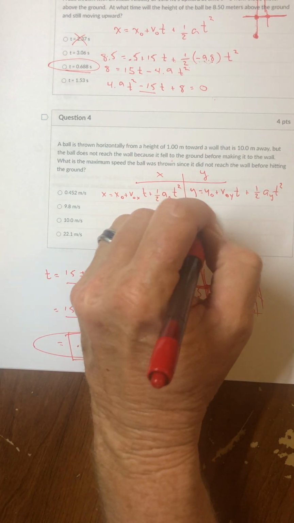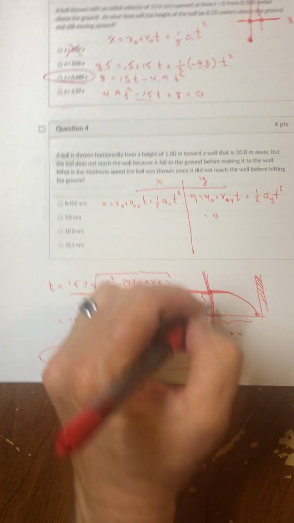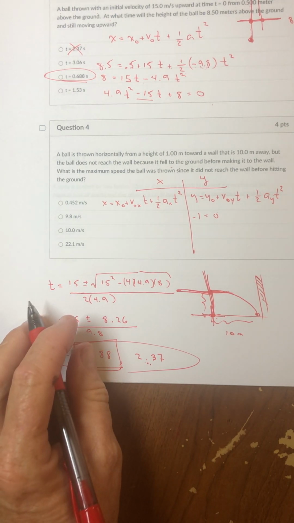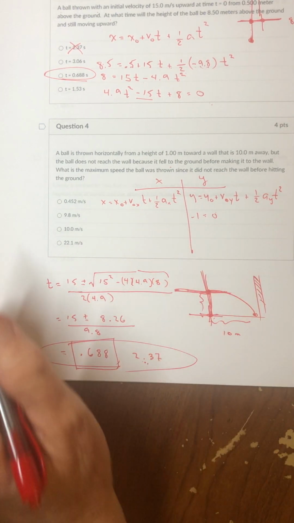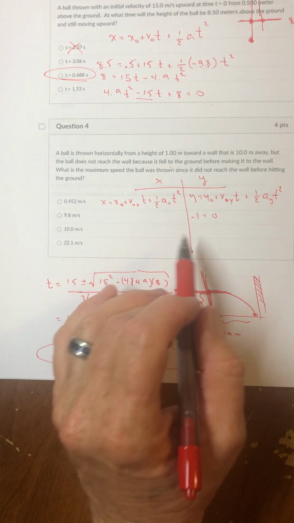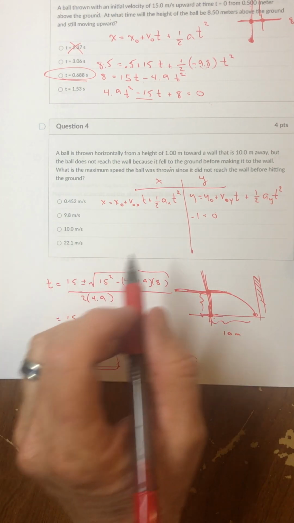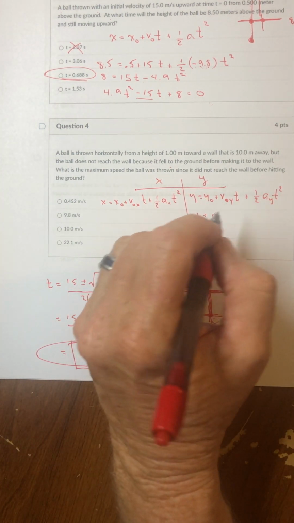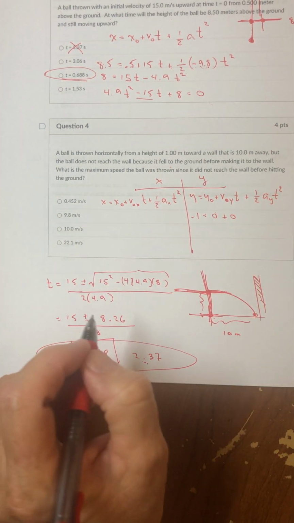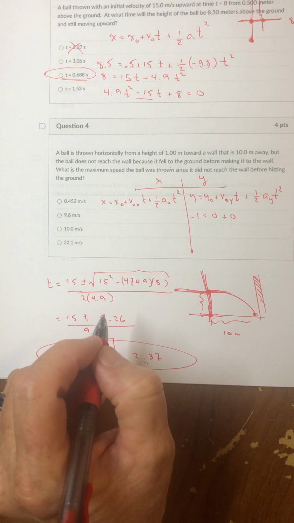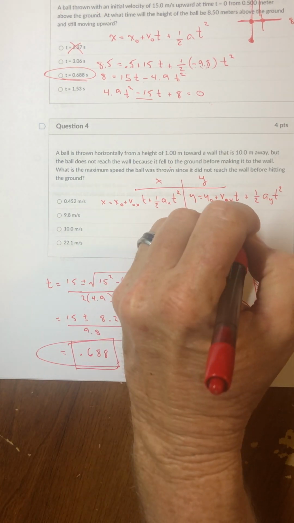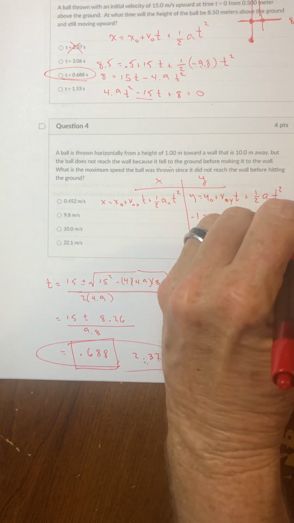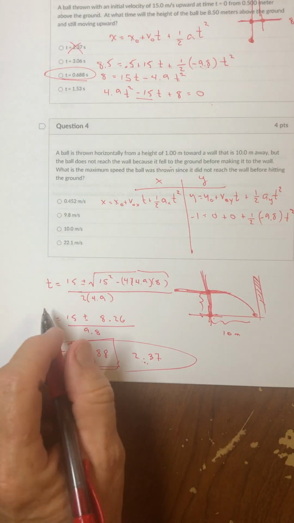So that means the initial position is 0, but it landed at -1 meter below, kind of like we did in the lab. And so make sure you do that below. Okay, then the initial vertical velocity is 0. And then this would be the acceleration, which would be -9.8.